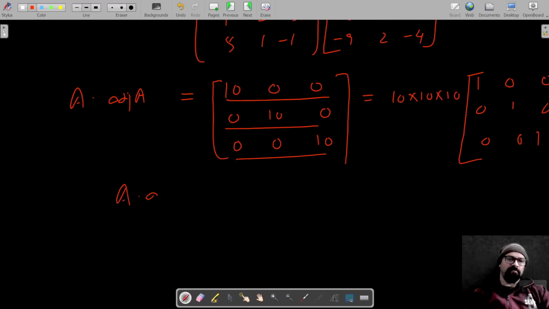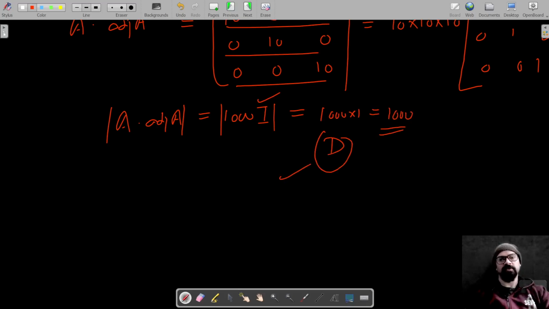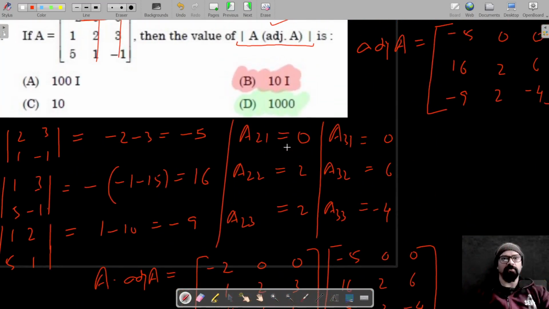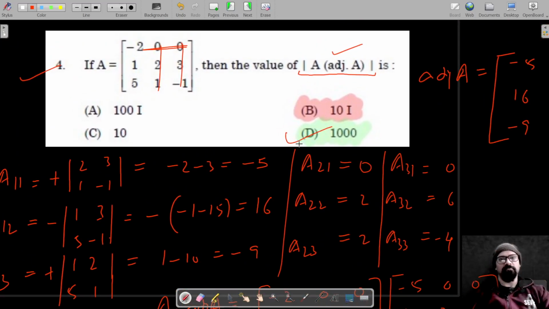So finally, A into adjoint A is equal to 1000 into the identity matrix, but we have to find the determinant. The determinant of the identity matrix is 1, so this is 1000 into 1, which is equal to 1000. So D should be the correct option for this one, which is 1000.